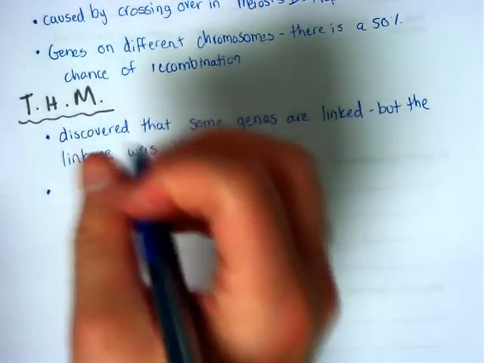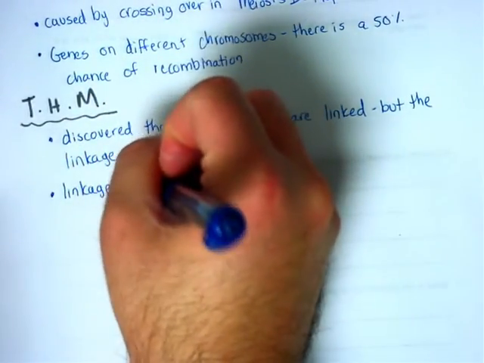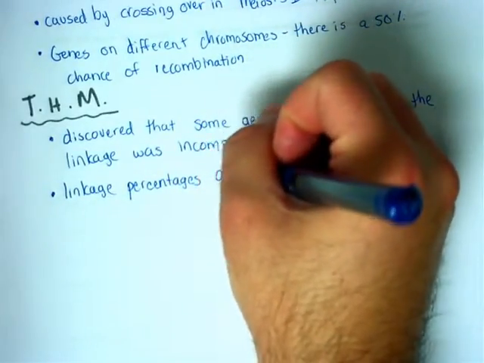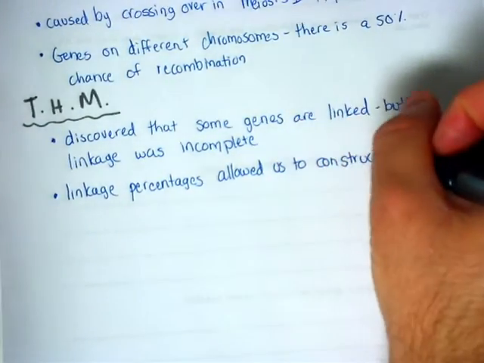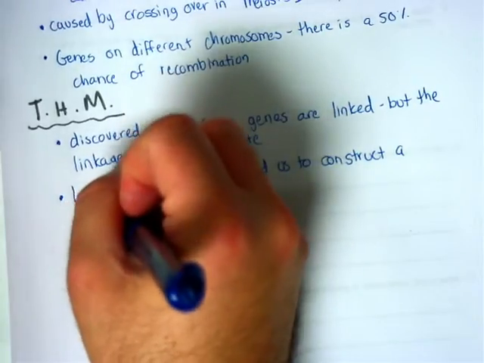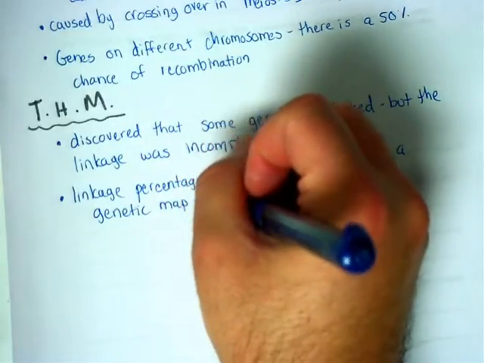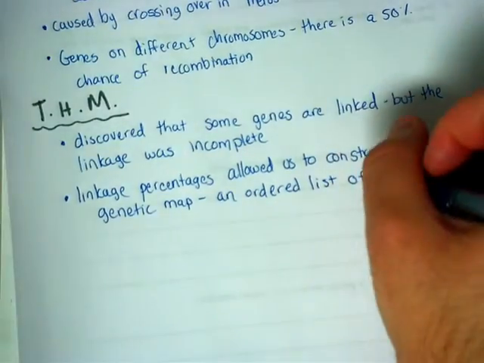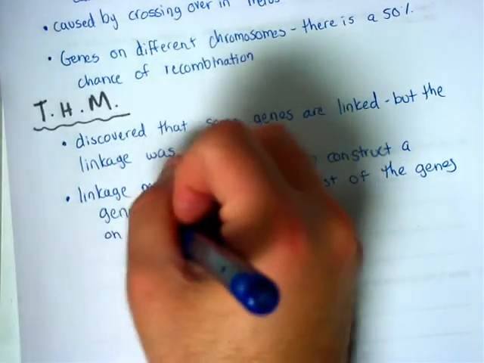So what we developed is we were able to construct from this data, so linkage percentages, allowed us to construct a genetic map, which is basically an ordered list of the genes on a chromosome.